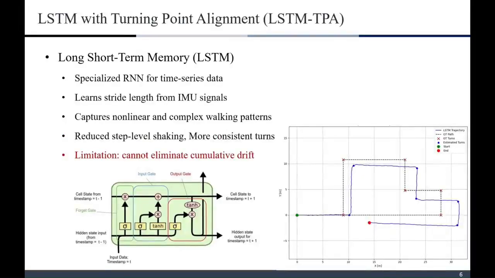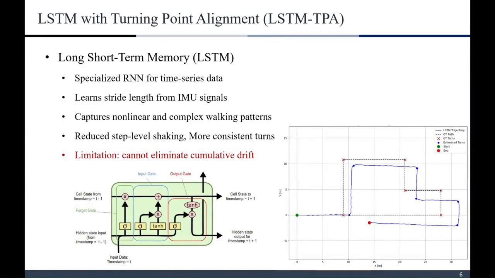To overcome these issues, we applied LSTM, a recurrent neural network specialized for time series data. LSTM can learn stride lengths from IMU signals and capture non-linear walking patterns, which leads to more stable estimates. LSTM is powerful for time series learning because it uses gates.